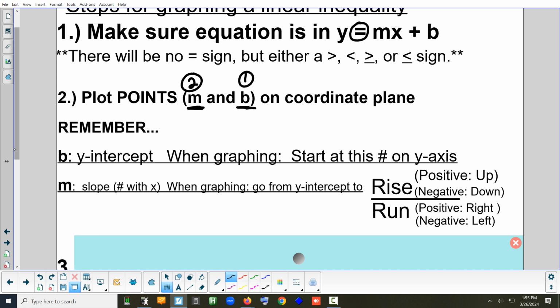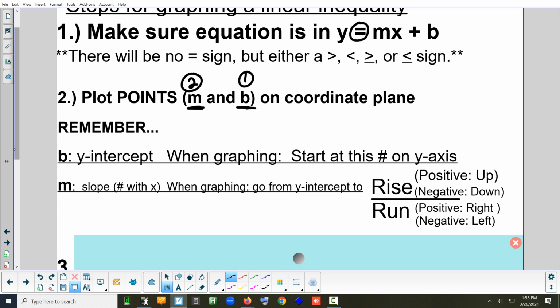And just a reminder of what slope is. You want to think of slope as a fraction. This is all review. Slope is rise over run. The two directions that we normally go are up and to the right or down and to the right. You would go up and to the right if you had a positive over a positive.